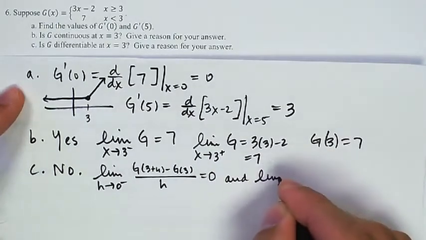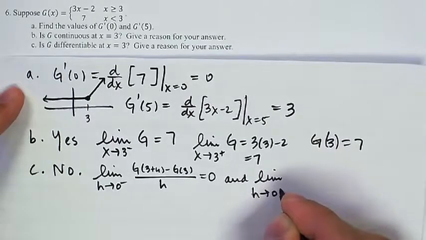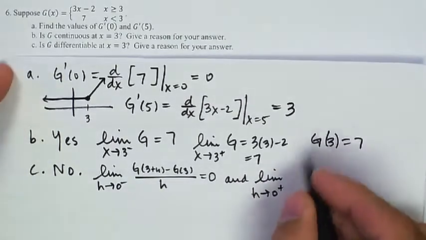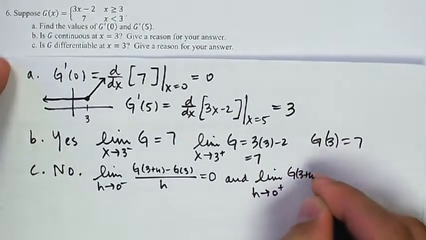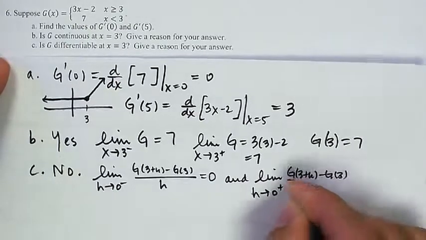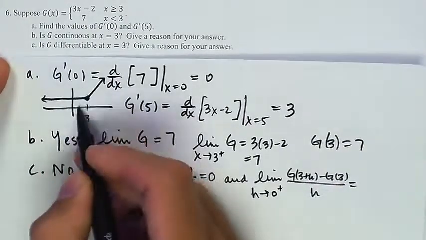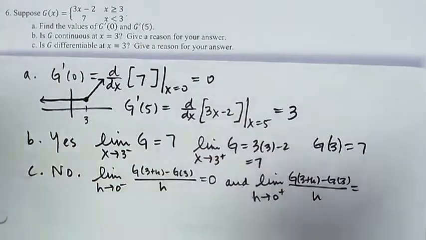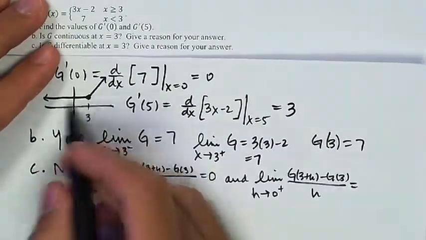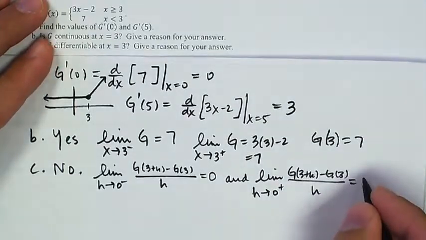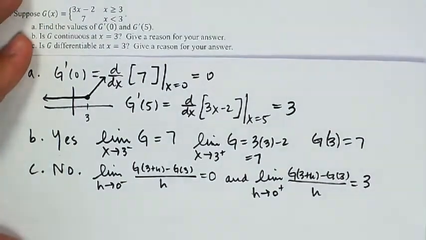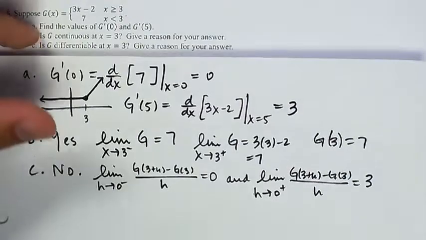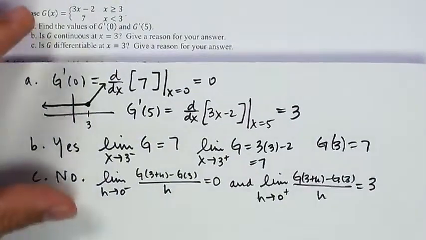And as I approach from the right side, the slope, which is what this limit represents, is equal to 3, right? Because the slope from the right is 3, the slope from the left is 0. I need those to be the same in order for me to have a smooth, nice slope where I could lay in a tangent line. But if you said no because there's a sharp corner on the graph, you would be just fine.